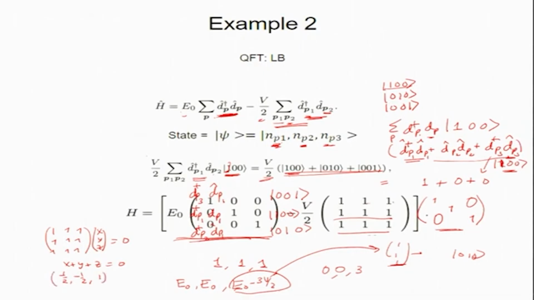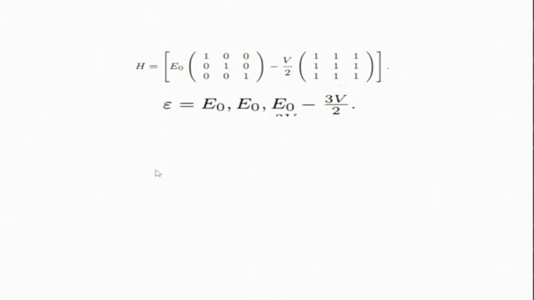And one more option is minus half, 1, minus half. These are the 2 independent options. Just choose 2 of them and you will get the 0 0 eigenvectors. So, 3 eigenvalues, and this 1 1 1 is the eigenvector corresponding to this one.